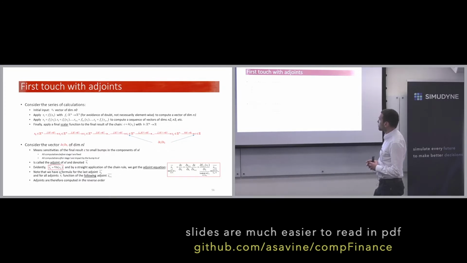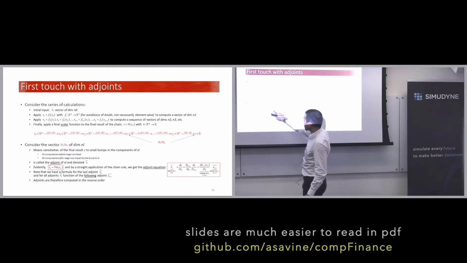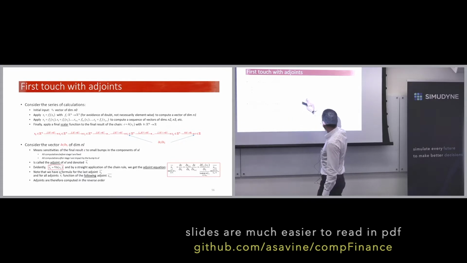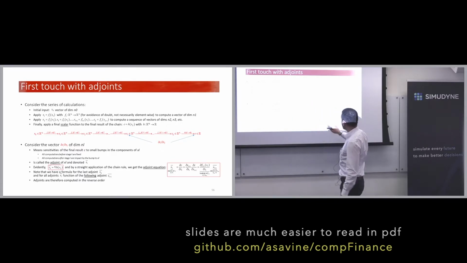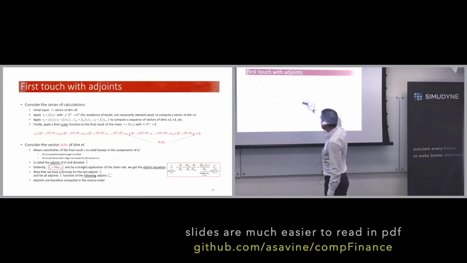So all calculations before step L are fixed, and all computations after step L are impacted by the bump to xL.